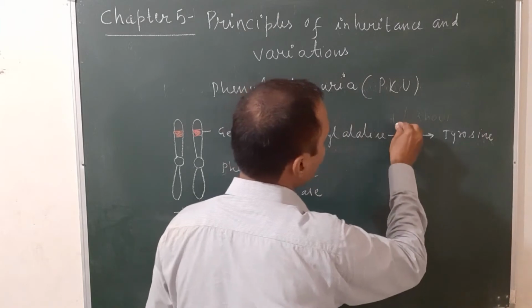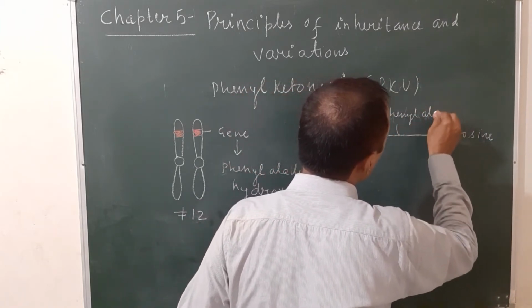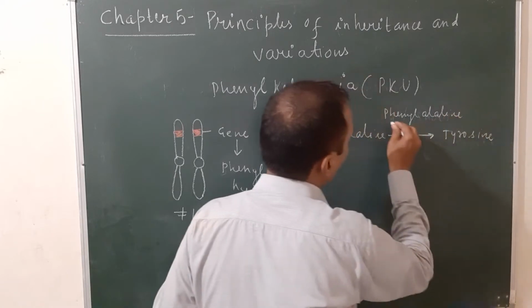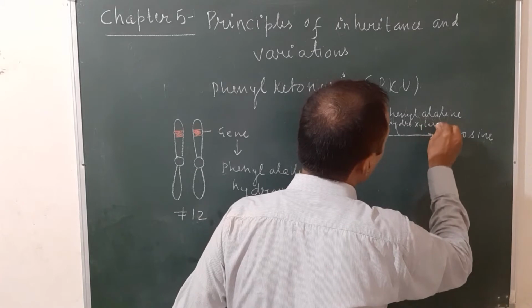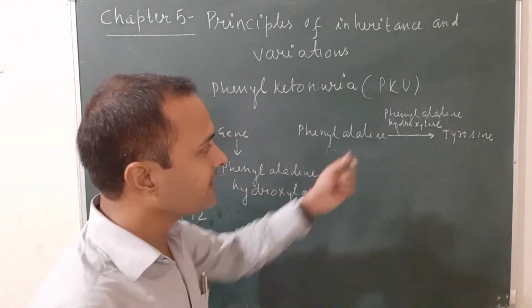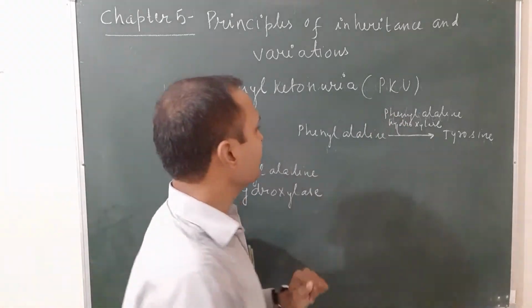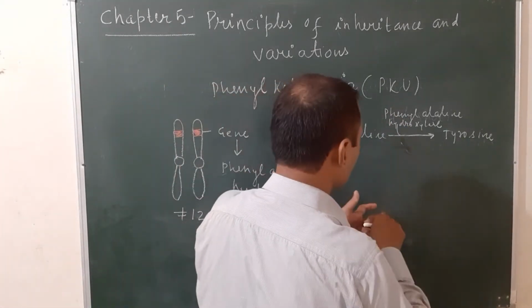The enzyme is phenylalanine hydroxylase, and it works here. But when mutation takes place in this enzyme, there is no conversion of phenylalanine into tyrosine.